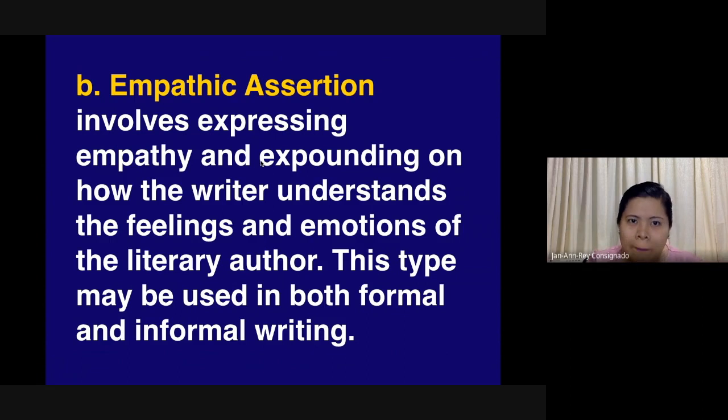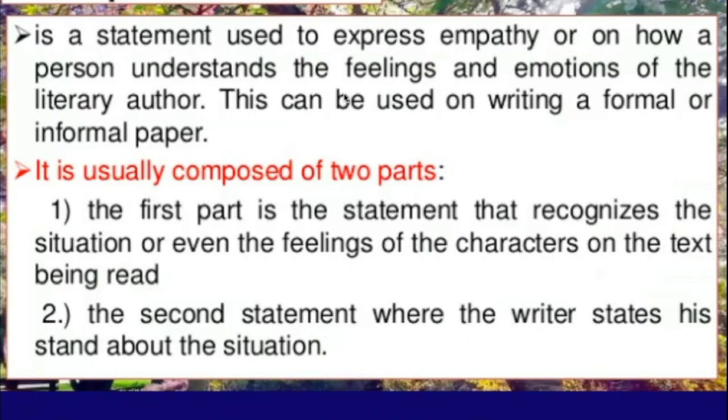From the word empathy, when we say emphatic assertion, this is a statement used to express empathy or how a person understands the feelings and emotions of a literary author. This can be used on writing a formal or informal paper.